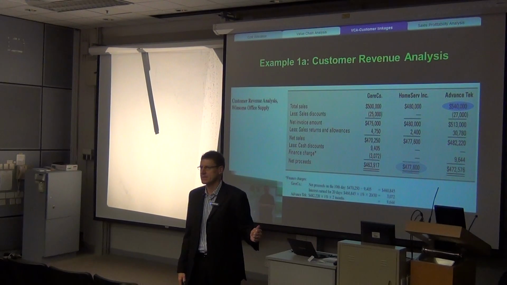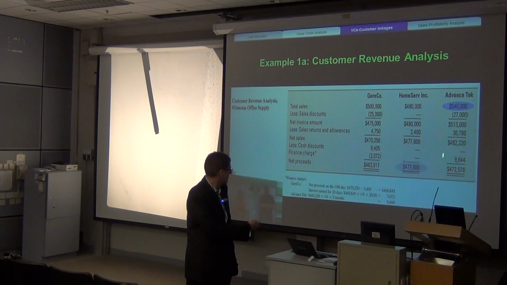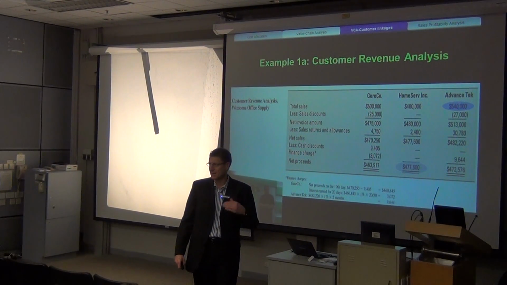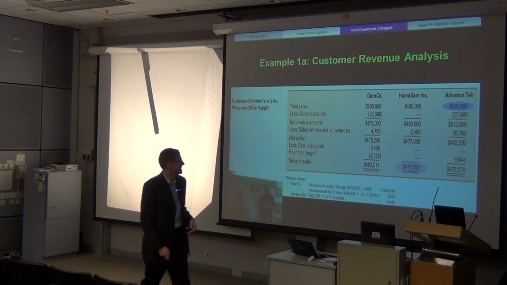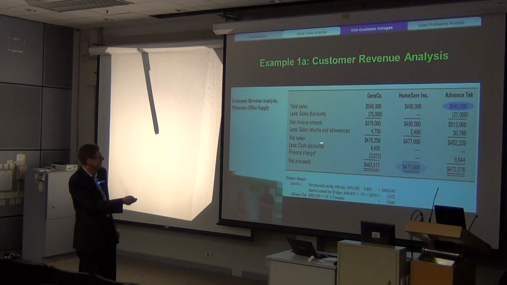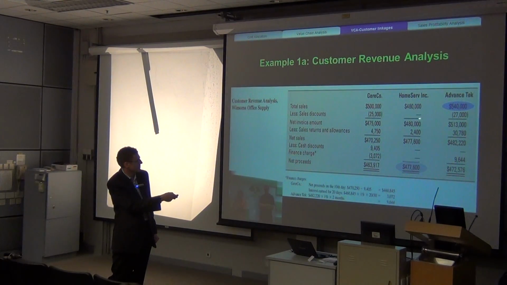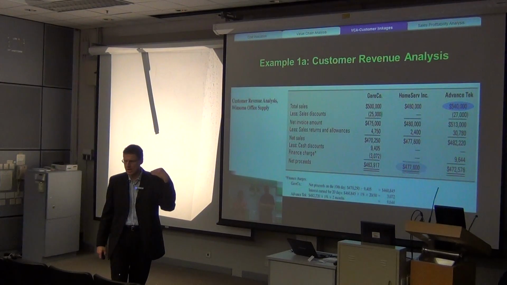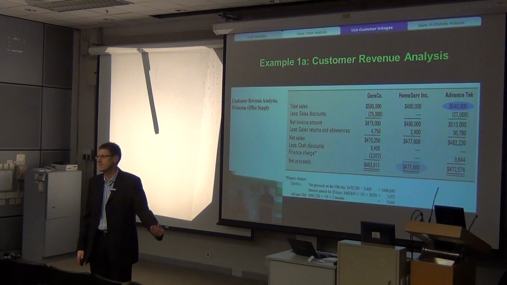Then you don't have to give a discount, but this one is fast in paying, so you have to give a discount. This one pays at the right time, so there's no finance charge, and to get the order, you don't have to offer a sales discount, so the middle customer is quite good.